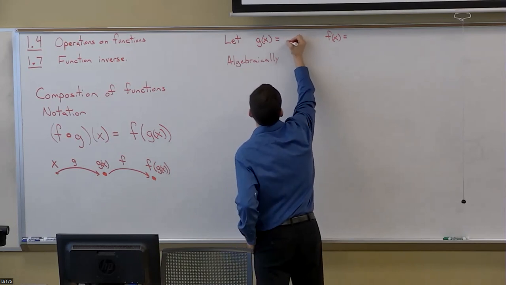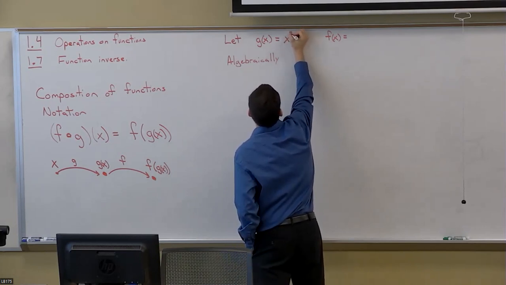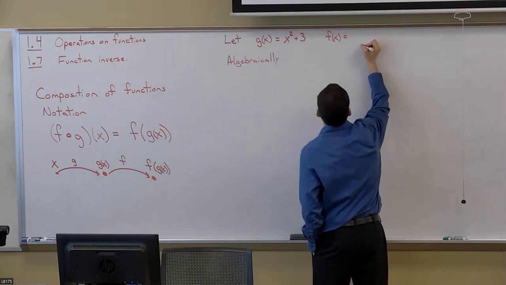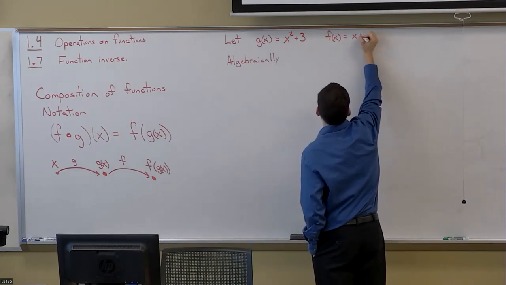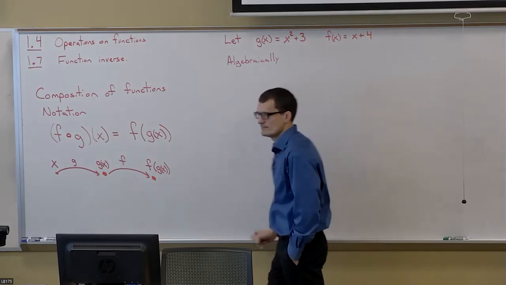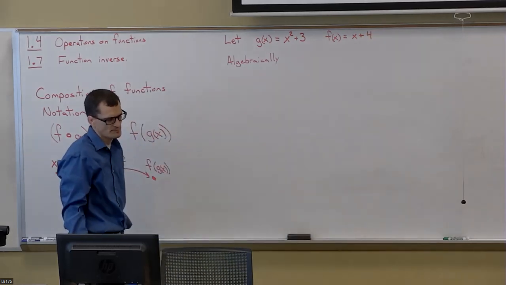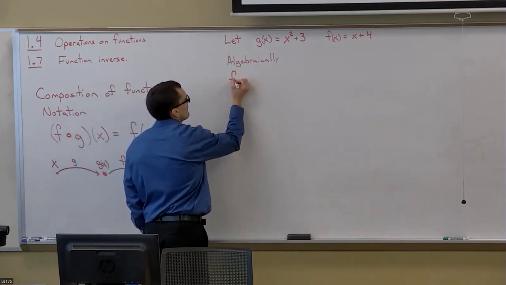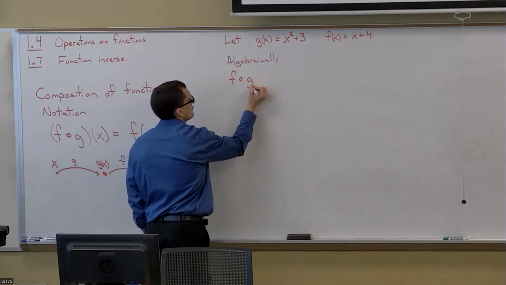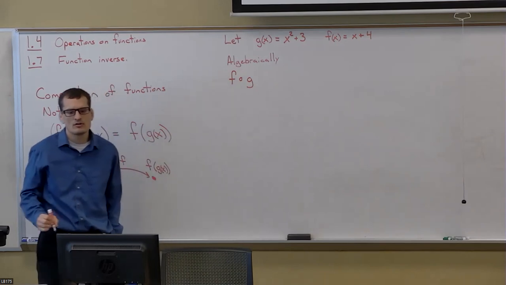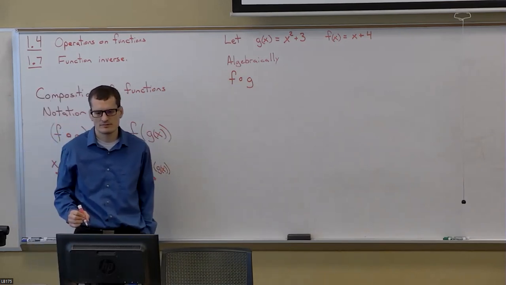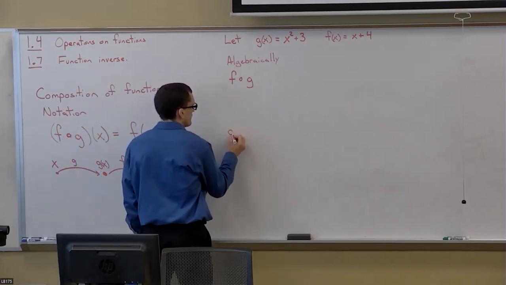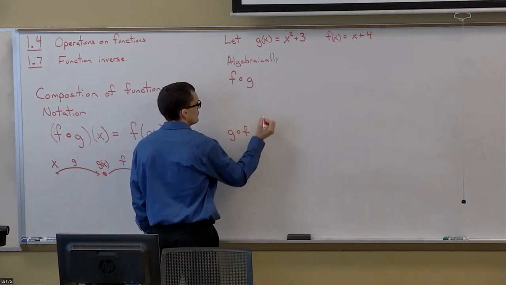Let's take g of x is equal to x squared plus 3, and f of x is equal to x plus 4. And let's algebraically do f of g. Go ahead and try that on your own. And if you have a minute, you can try the other one too. I'll do the other one as well. G of f.